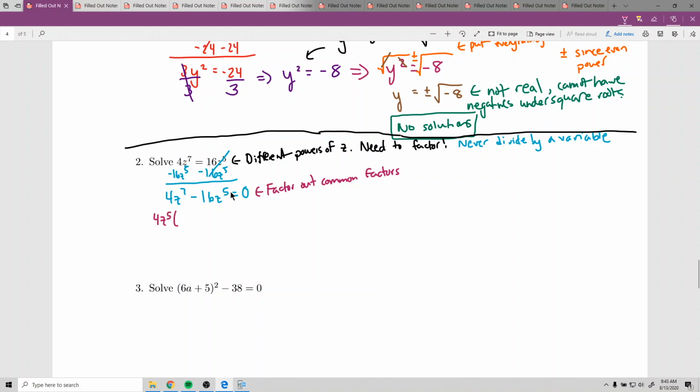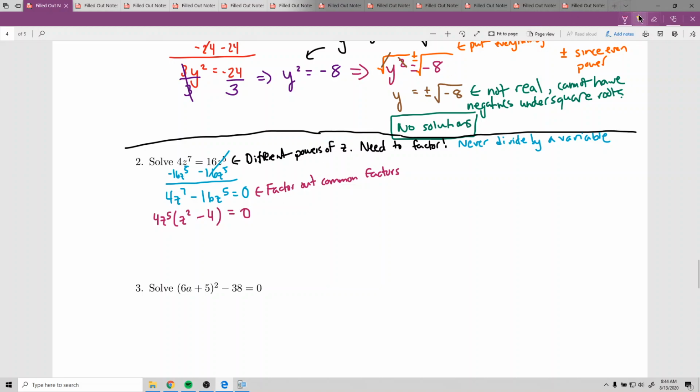We can take out the smallest power of z and the smallest factor of a number. Right, and the first term, what we're left with is just z squared. We took out the 4, we took out 5 of the 7 z's. In the second term, we are left with taking a 4 out of 16 gives us a 4, and z to the 5th is all taken out.